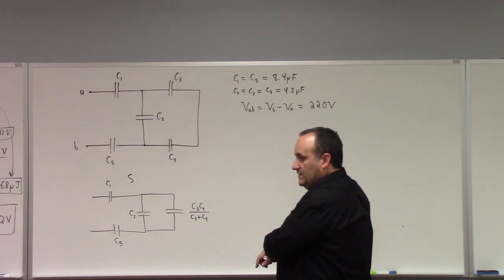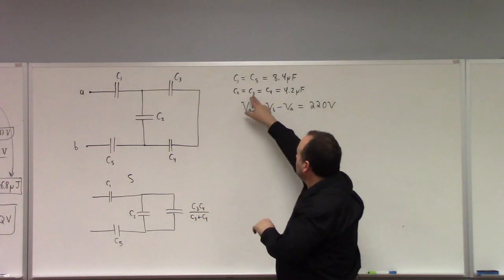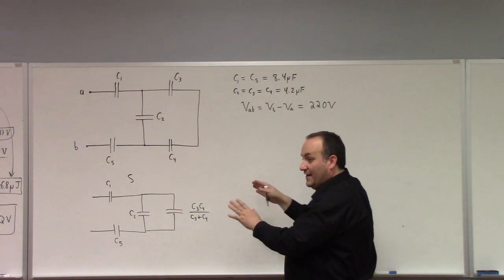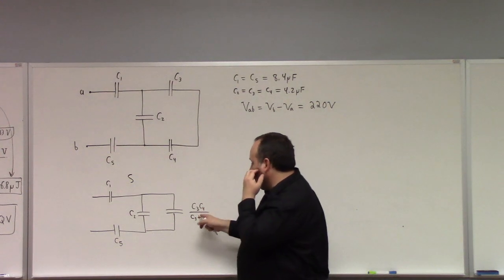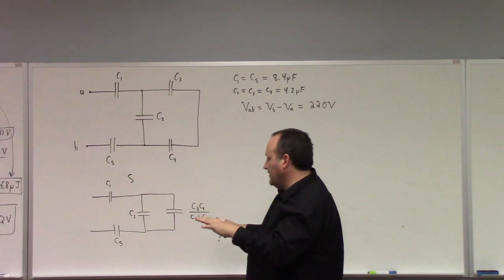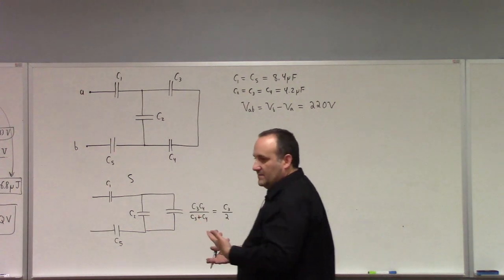And because these two capacitors are equal, notice the problem statement, C3 and C4 are both 4.2. What happens is this formula gives you a half. You get C3 squared divided by 2C3, which is just C3 over 2. So I can tell you what this is. This is equal to C3 over 2. Like that. That doesn't always happen, but it happens here.